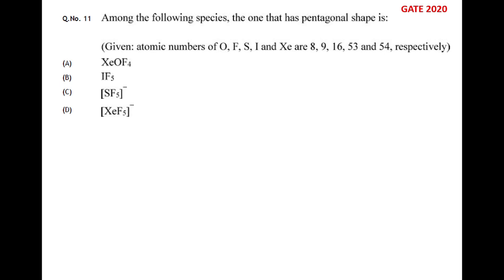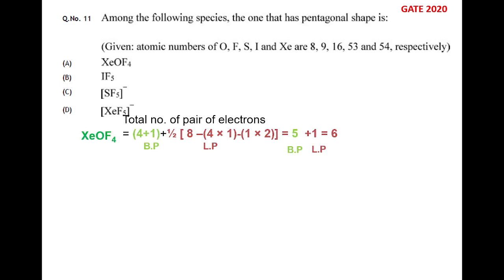So moving to the next question: among the following species, the one that has pentagonal shape. Which molecule has pentagonal shape? XeOF4, IF5, SF5 minus, XeF5 minus. So by using the same formula, if you calculate XeOF4, 5 bond pairs, 1 lone pair. The shape is square pyramidal.